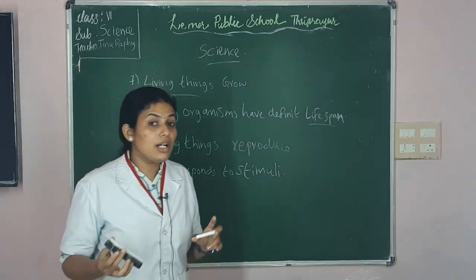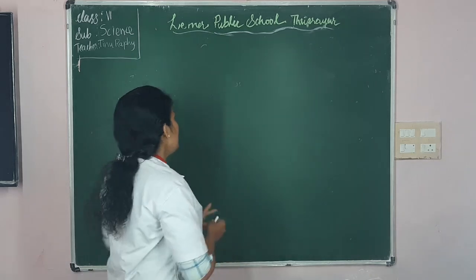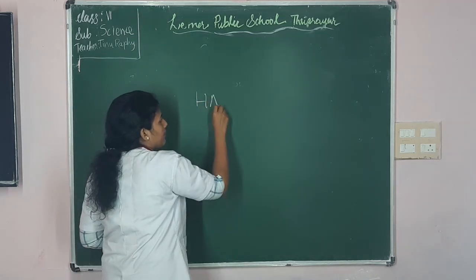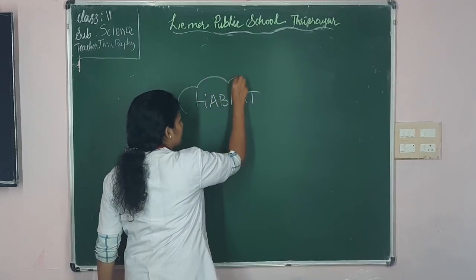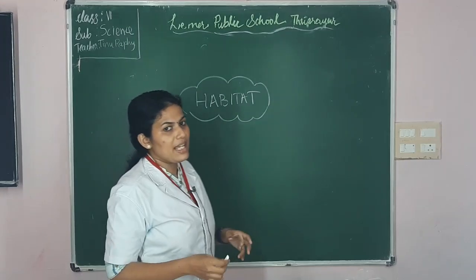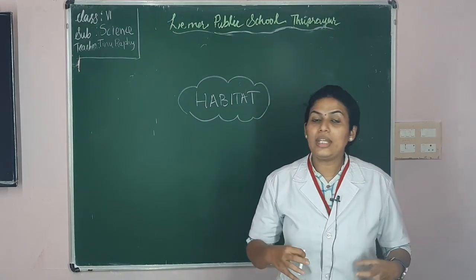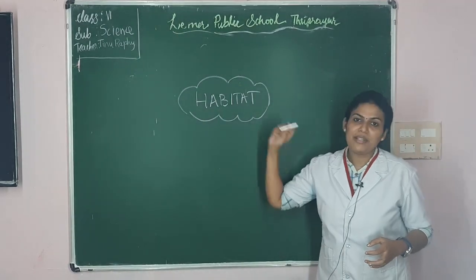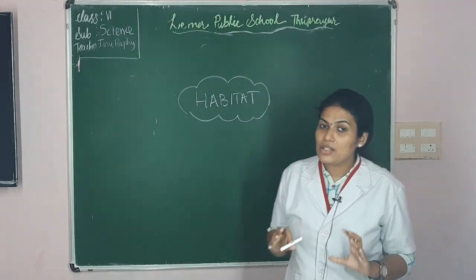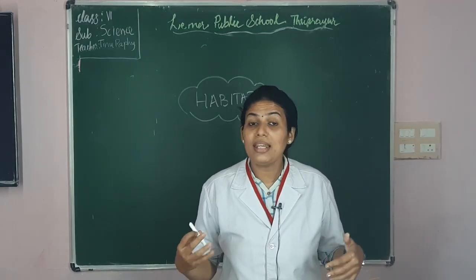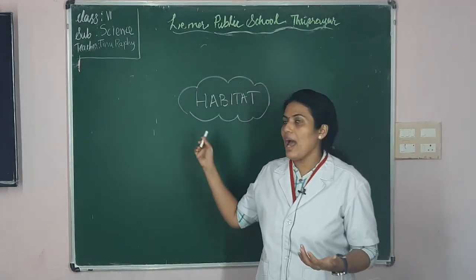Let's learn about a new term, that is habitat. Now, what is this habitat? The place where an organism lives during its lifespan is called habitat. The place or the surroundings of a living organism is called habitat.